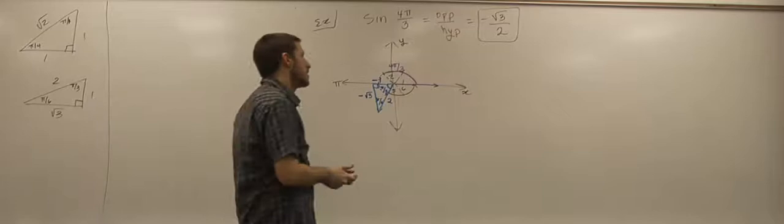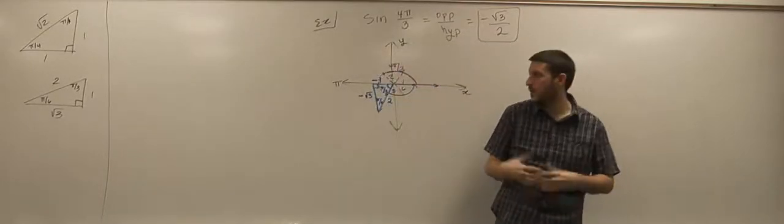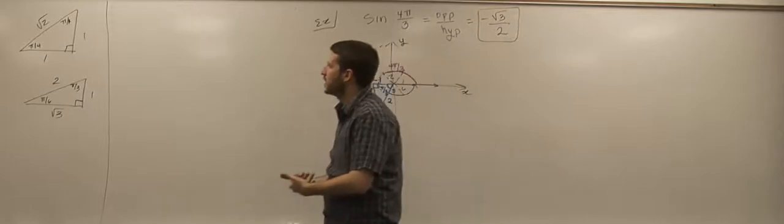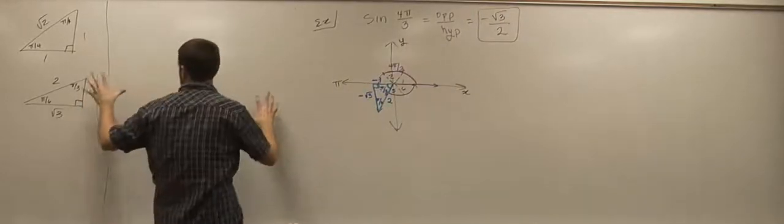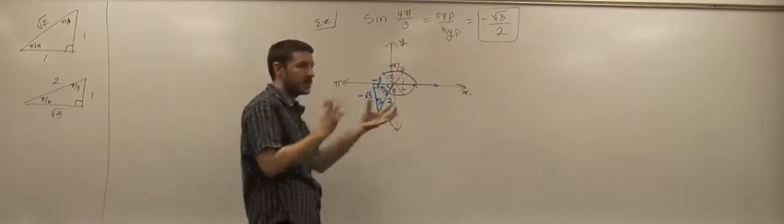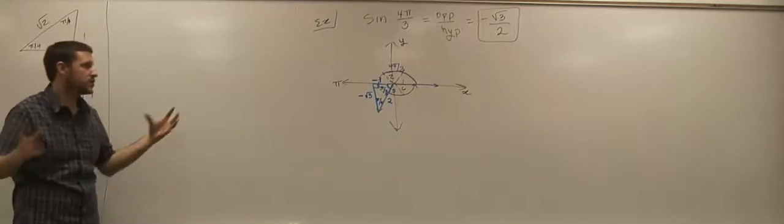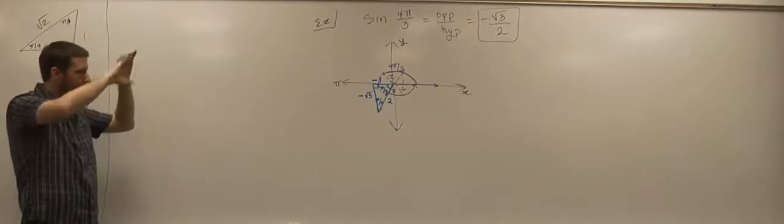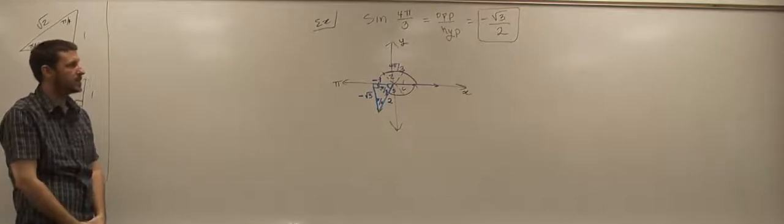Eventually, when we get to the unit circle, which is the next section for next week, I will give you a very nice way, because if you've never done this before, there's a lot of information going on here and a lot of connections to be made. The unit circle kind of brings it all together and gives you a nice picture that you can memorize or use to remember all these things.